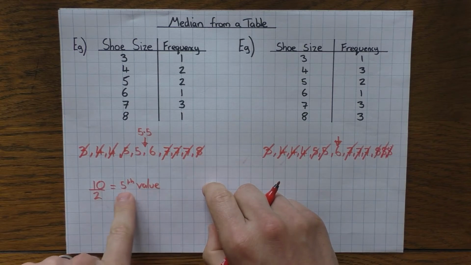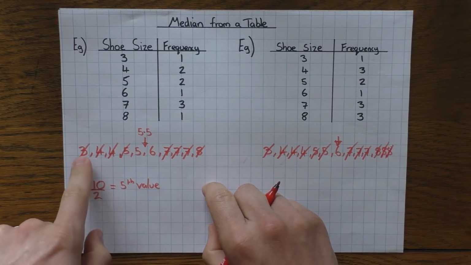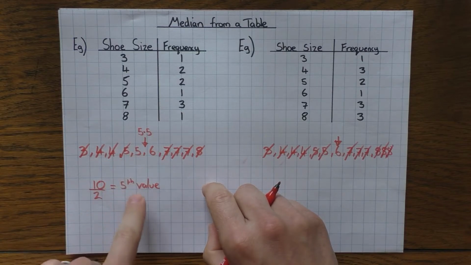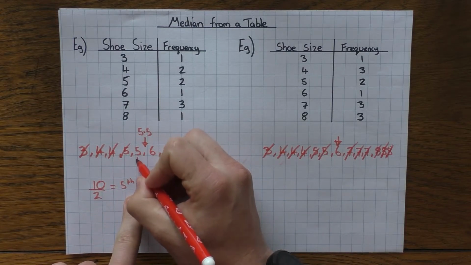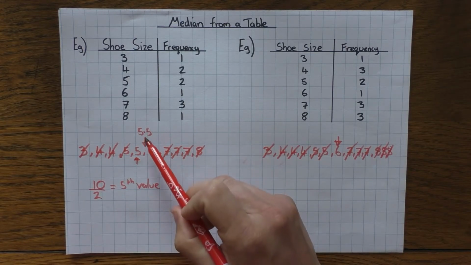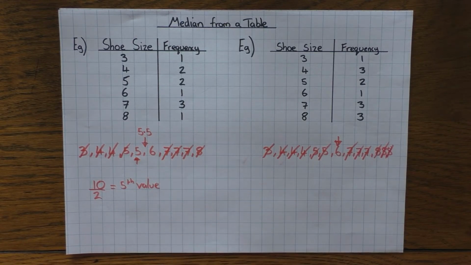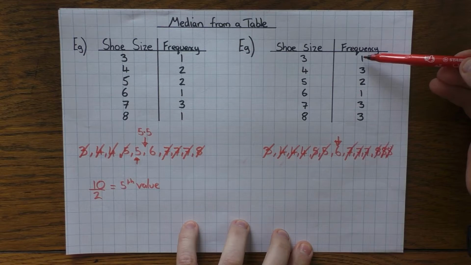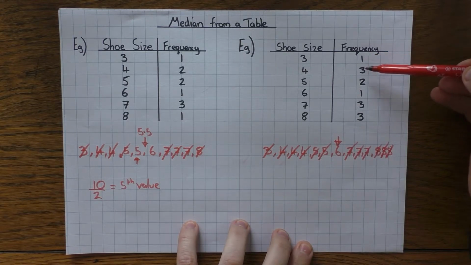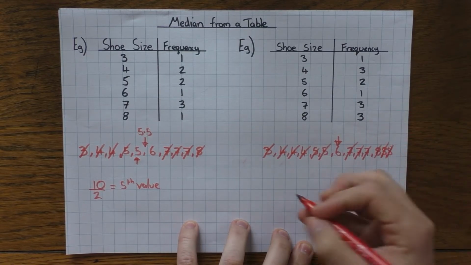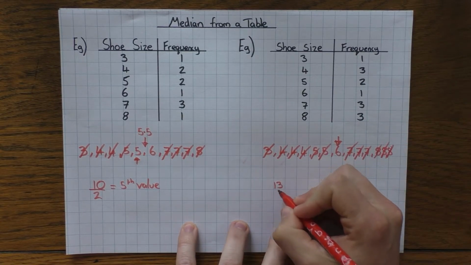But look what happens. If you want the 5th value, that's the first, second, third, fourth, 5th. If you did that, it would say that the median is 5. But in fact, the median is actually 5.5. So it doesn't work. Exactly the same thing here. If we calculate the total, 1, 2, 3, 4, 5, 6, 7, 8, 9, 10, 11, 12, 13, there are 13 in total.